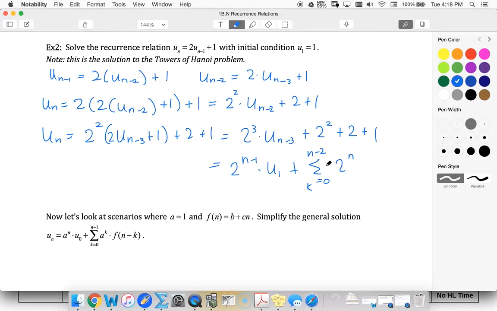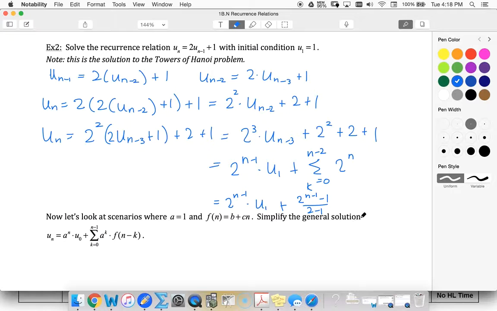I know that this is the sum of a geometric series, so I'm going to end up with 2 to the n minus 1 times u1 plus 1 times 2 to the n minus 1 terms minus 1 over 2 minus 1.